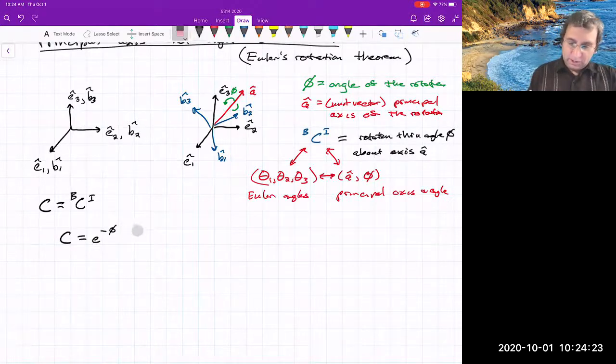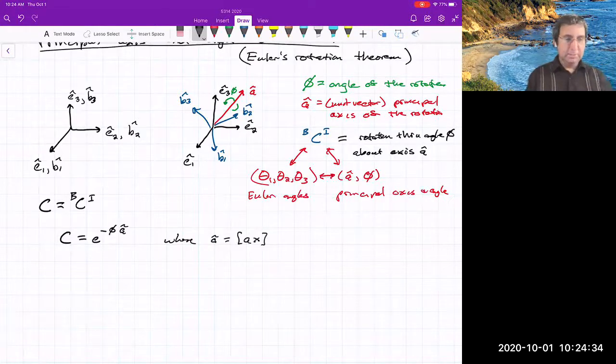I'll write it as A tilde, which is the same as the A cross product matrix. And hopefully you remember what the cross product matrix is.